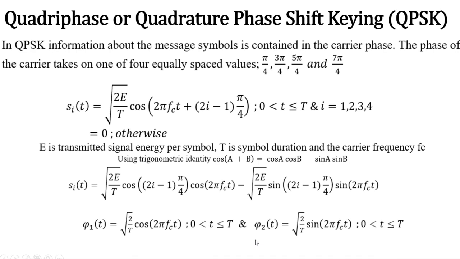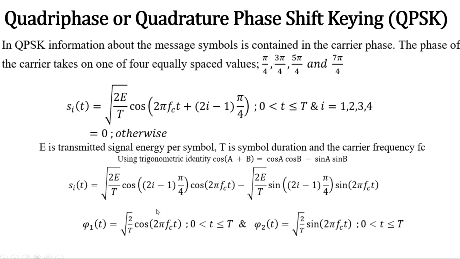From these basis functions you can have the 4 signal points. Just as in BPSK we had s11 and s12, in QPSK there will be 4 message points. That is, si(t) = si1 phi 1 of t + si2 phi 2 of t.